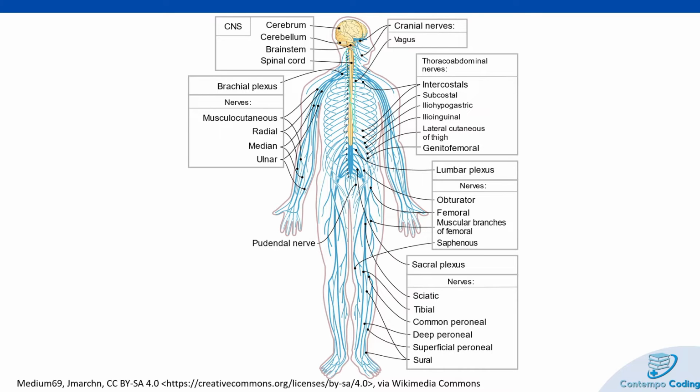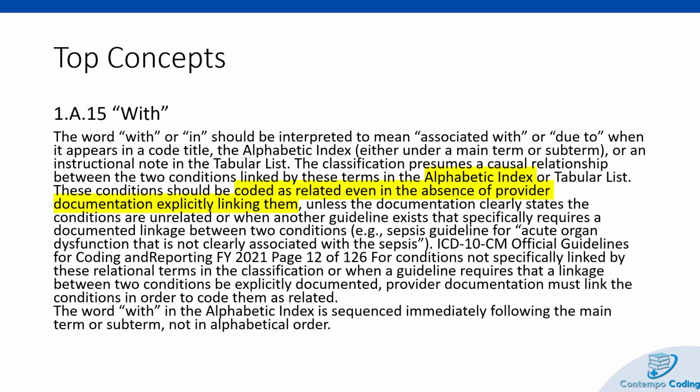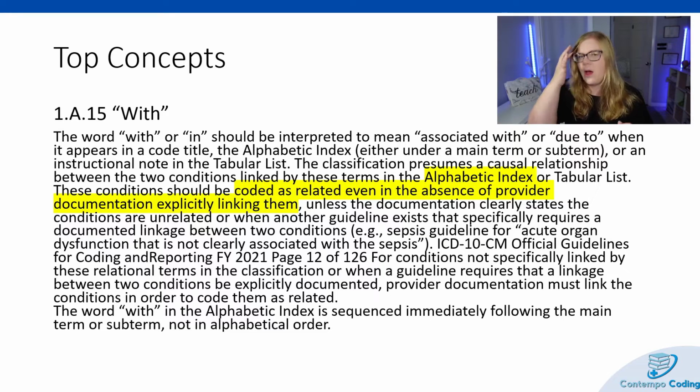Now, this is one of my favorite concepts to cover, and that's the term "with." And even though this isn't a chapter specific guideline, it does come up a lot in the endocrine system because we talked about those diabetes codes, right? So if you look at this coding guideline with the term "with," it says the words "with" should be interpreted to mean "associated with" or "due to" when it appears in the code title or the alphabetic index.